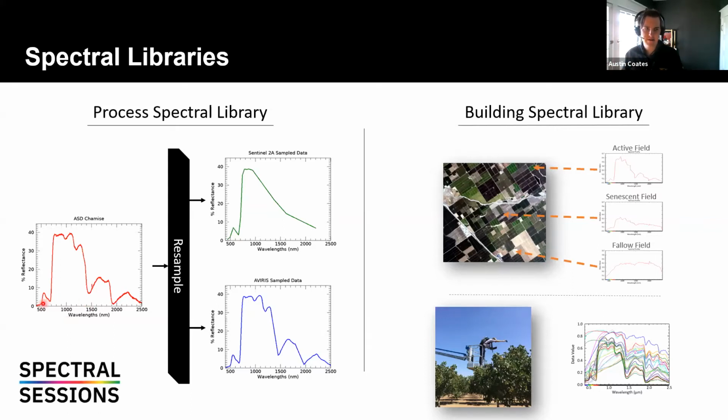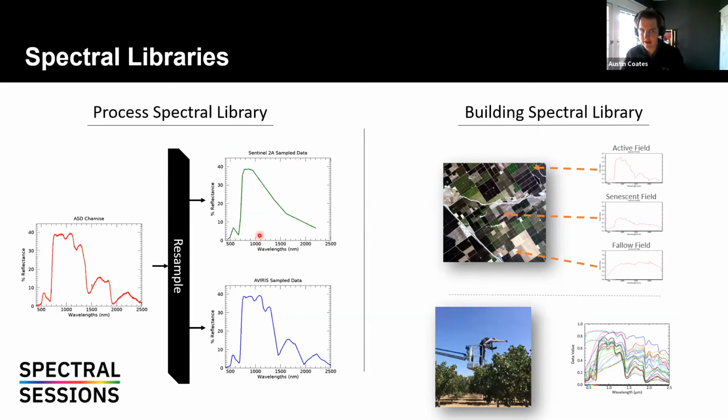Well, if I go from 500 to 1000, I'm only looking at this portion of the spectrum over here. So I need to resample it. I need to essentially cut off everything over here, and then maybe meld some of these together or split them out. So there's a bunch of different techniques to do this. One of the popular ones is spline interpolation. That will essentially draw points and then guess, okay, this is where your band is located. And so you can resample.